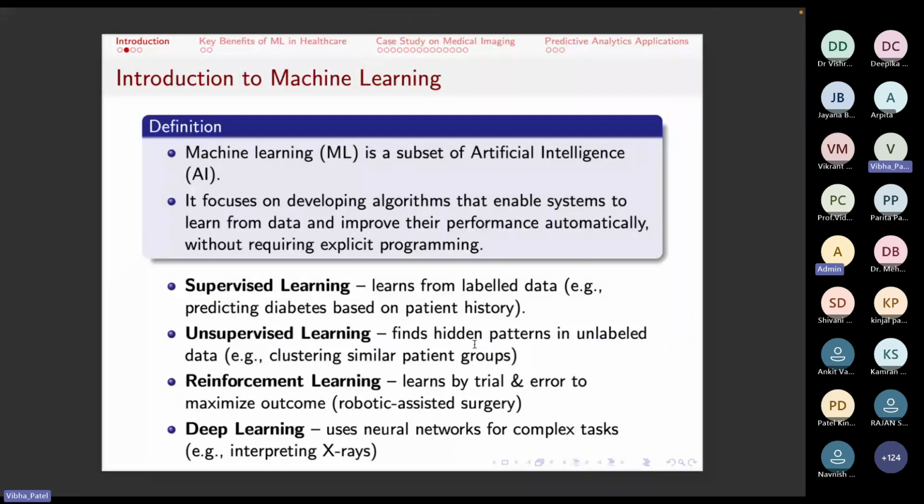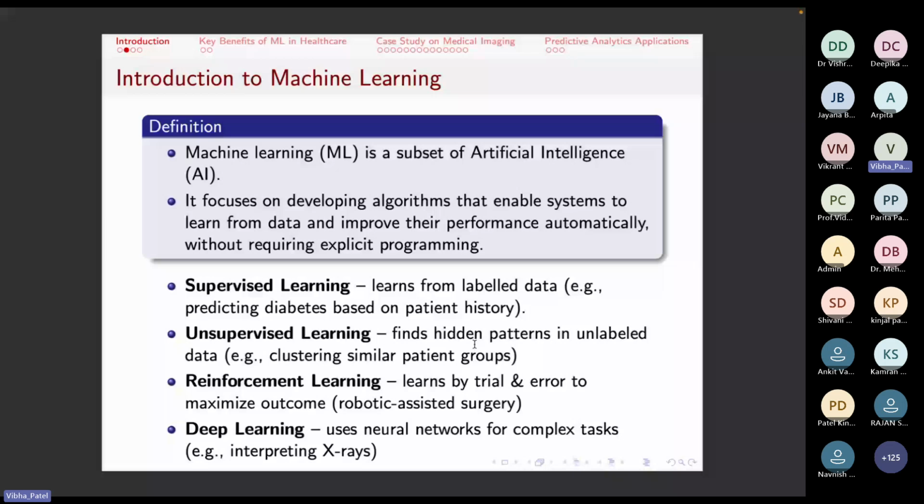So the other category is unsupervised learning, wherein you don't have labeled data available with you, and you want to extract some hidden patterns out of those data. If your task is regarding categorization, then one can think of using an unsupervised learning approach, like clustering similar groups of patients, which is an example that illustrates the use of unsupervised learning.